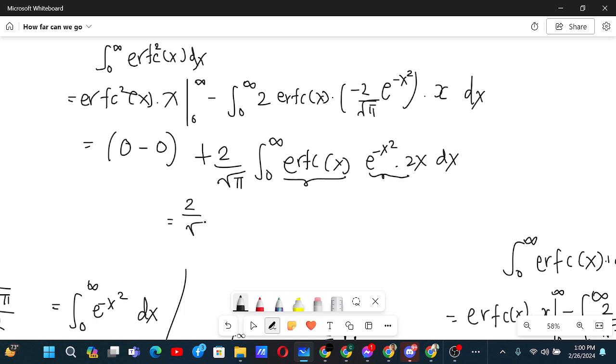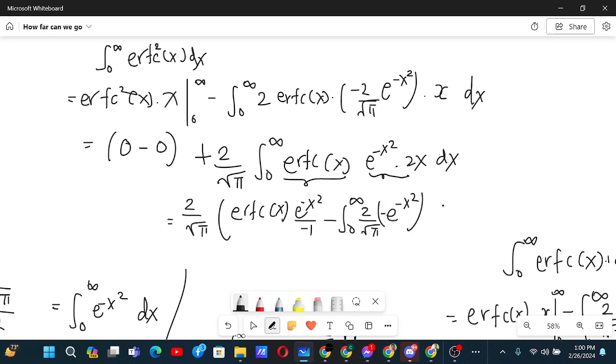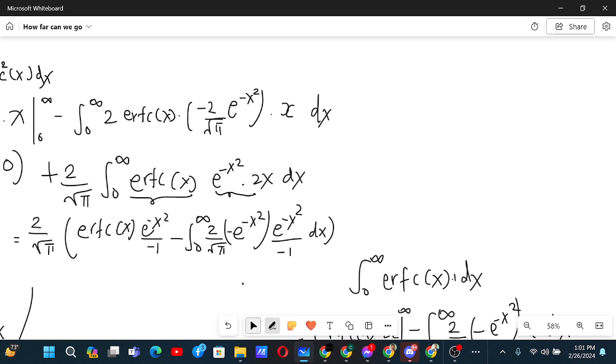So we have 2 by root pi erfc of x, and this thing over here will just be e to the power minus x square by minus 1, minus integral from 0 to infinity, and this integral is 2 by root pi times e to the power minus x square, minus over here as well, and this over here is e to the power minus x square by minus 1 dx.